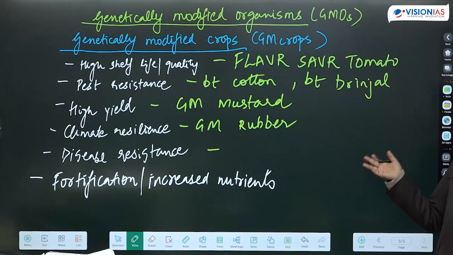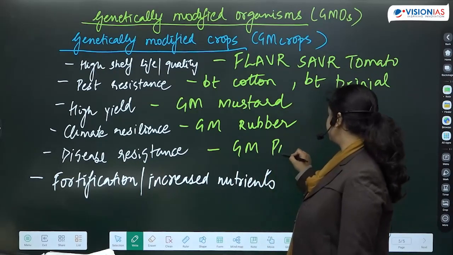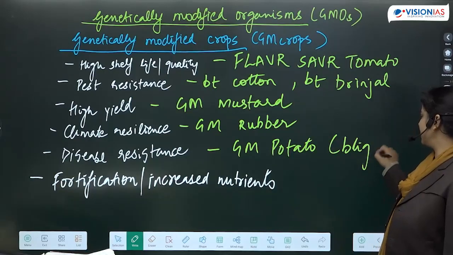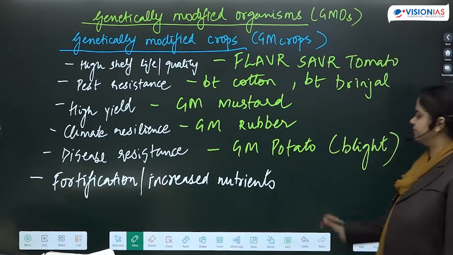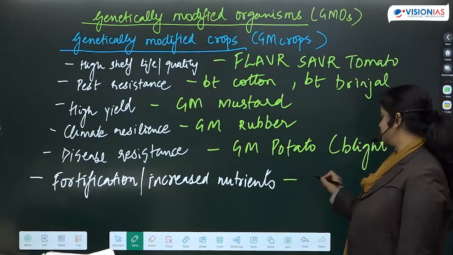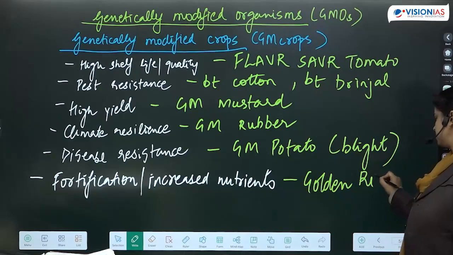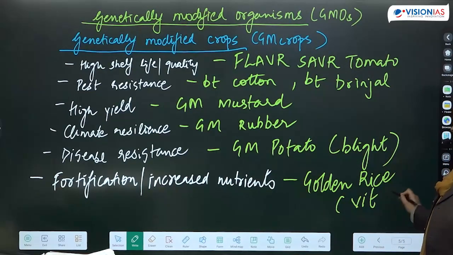Here we have a variety of potato which has protection against blight. Blight of potato is a fungal disease. And for fortification or increased nutrition, we have golden rice, and this has additional vitamin A.